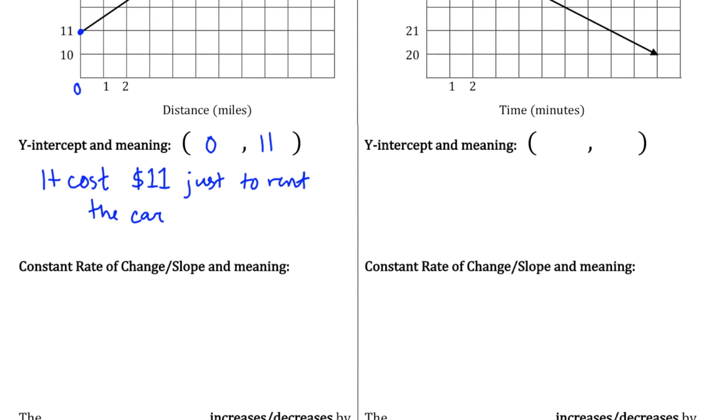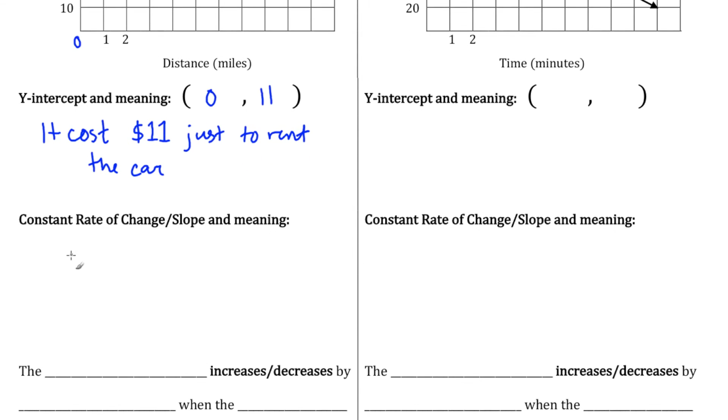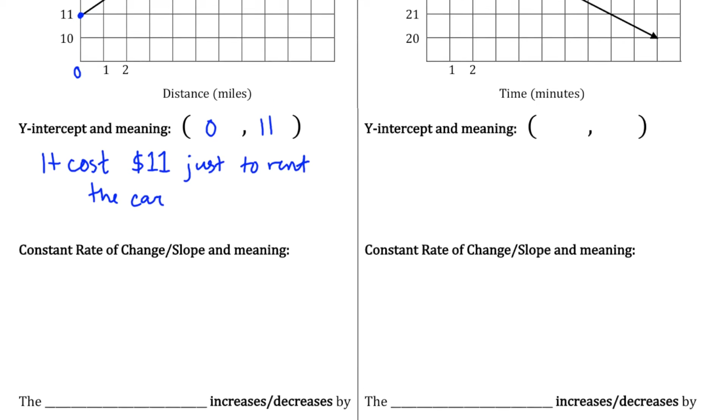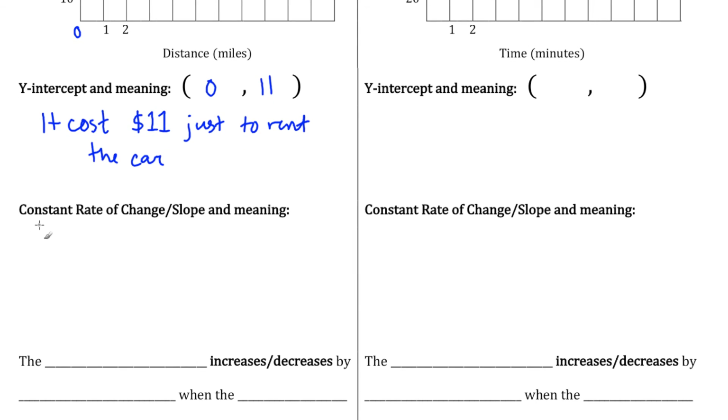And the slope. So let's talk about the change in cost over the change in distance. If you notice, I like using the units for the independent variable, so I like to put cost over miles. So change in cost over the change in miles.